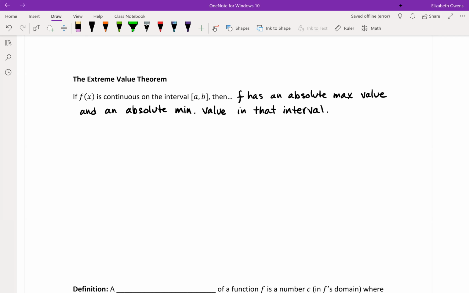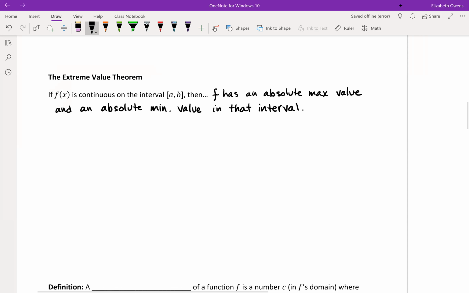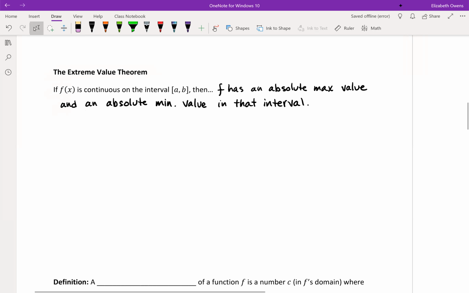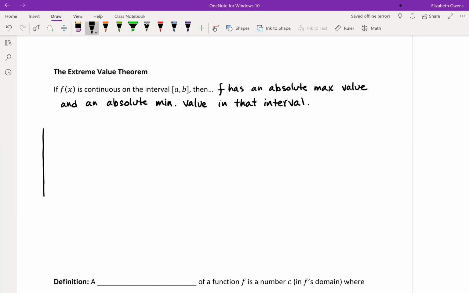So we have a couple different possibilities for where we could see that absolute maximum and minimum. So I'll sketch out our different options here, some little graphs. Okay, so let's give ourselves an interval from A to B. All right, and a pretty simple function here.